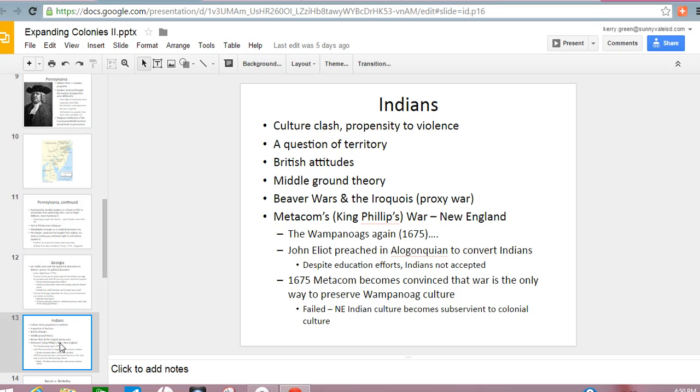If you contrast that with the French, who very clearly welcomed, once the Huron converted to Catholicism, they were in the same group. They defended them and treated them with a degree of respect. The Spanish, for all that they were such awful conquistadors in the beginning, by the time you get to the 1700s, the encomienda system has dictated that the native population, while they often remain very poor, are treated with some degree of respect.